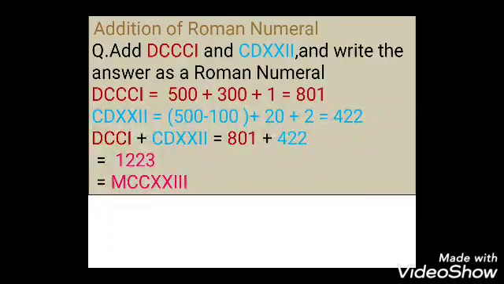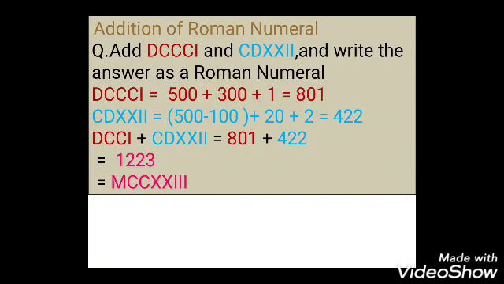We can also add Roman numbers. First, we are going to convert the numbers into Hindu Arabic numbers, and then we perform the addition. So here D means 500, CCC means 300. So 500 plus 300 is 800, plus 1 is 801.